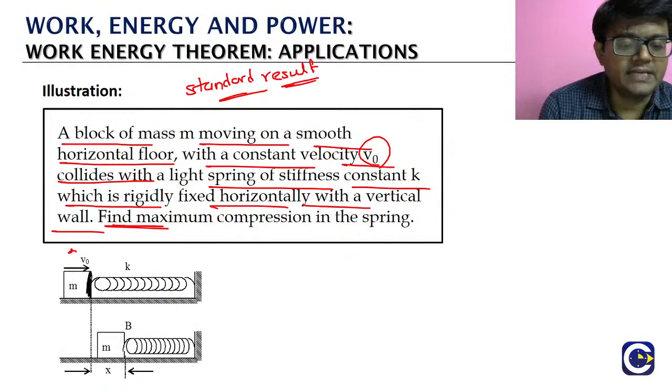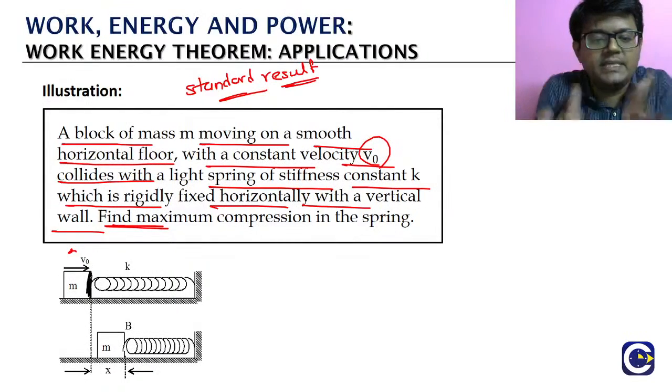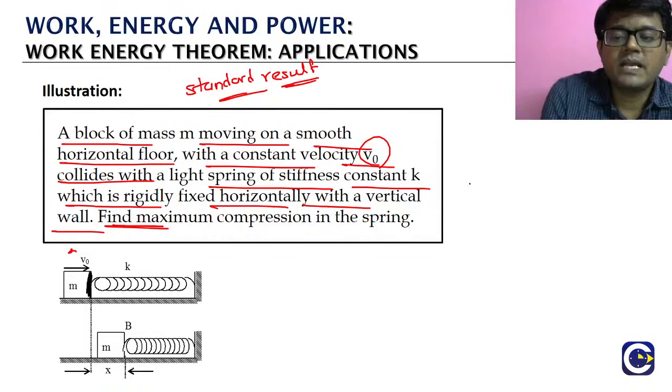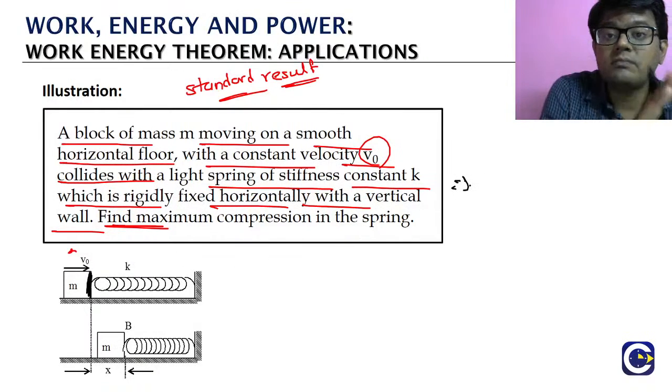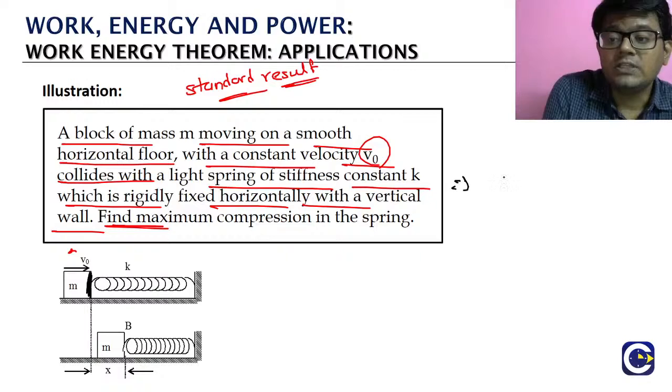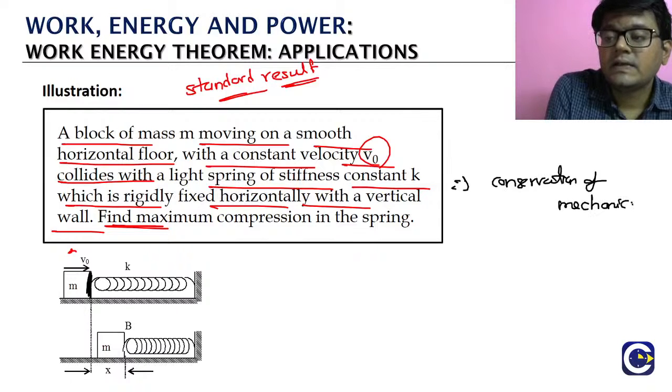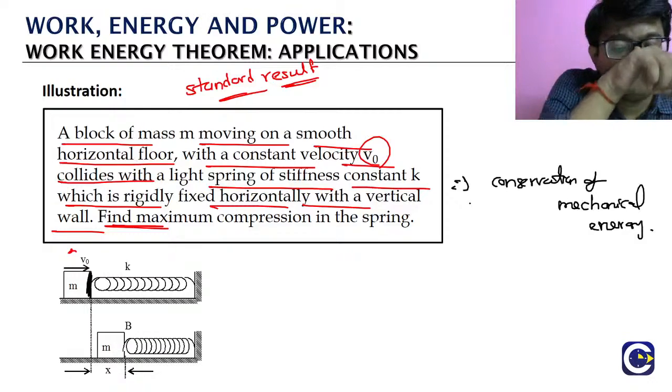This is the initial state, when the block is just colliding with the spring. Since the work done by non-conservative forces and other external forces is 0, the conservation of mechanical energy principle is applicable.